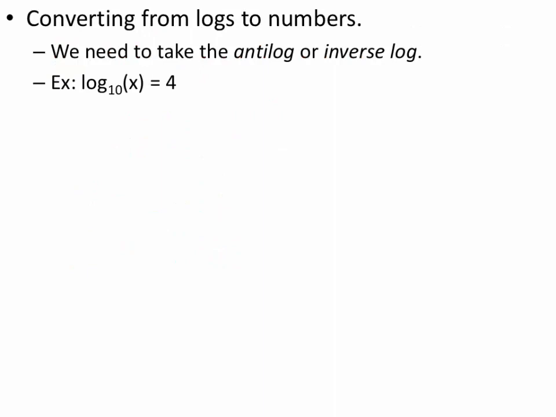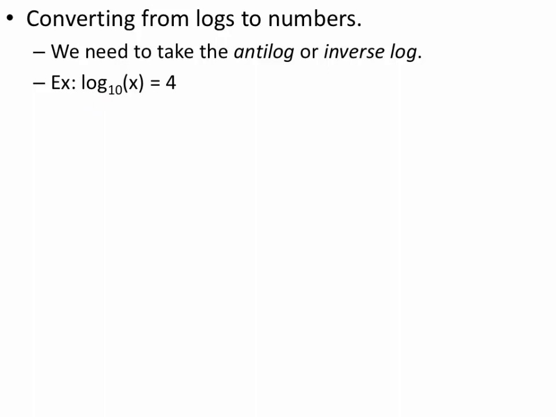So we've talked about how to take the log or logarithm of some number, and now we need to figure out how to undo that. That is, we need to take the anti-log or the inverse log. And this is how we convert from logs to numbers. So in this case here, we have log base 10 of x equals 4, and if we want to solve that for x, we need to get rid of this logarithm term.